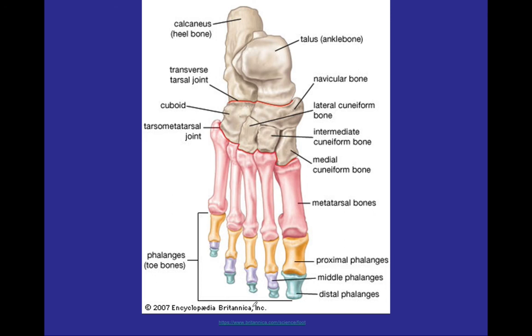Now, in terms of the phalange arrangement, it is just the exact same as in the hands. We have 2 phalanges on the great toe, and the rest of the toe digits are going to have 3 different phalanges: a proximal, a middle, and a distal phalange. So here at the great toe, we'll just have a proximal and a distal, and for the other 4, we'll have a proximal phalange, a middle phalange, and a distal phalange.